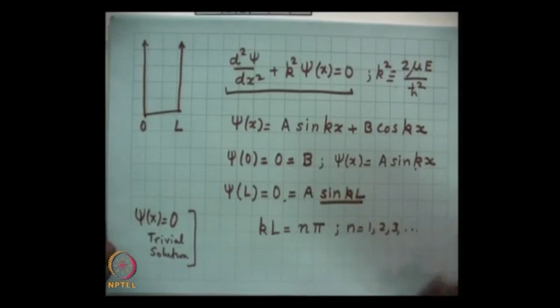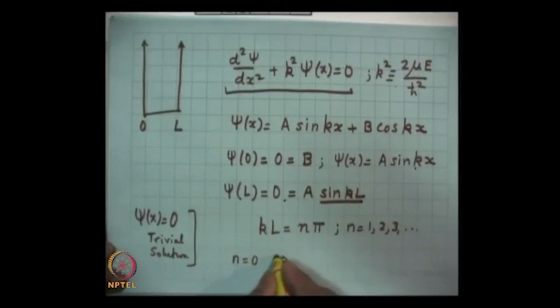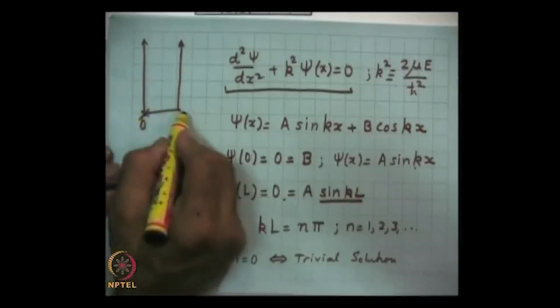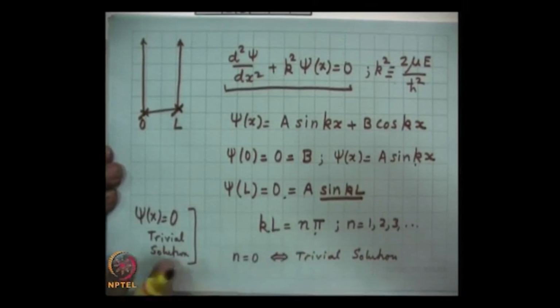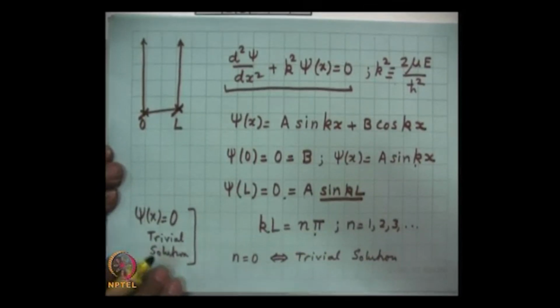So, that is again the trivial solution. So, n equal to 0 corresponds again to the trivial solution. So, we obtain that if the wave function has to vanish at x equal to 0 and at x equal to L, then k L must be equal to n pi.